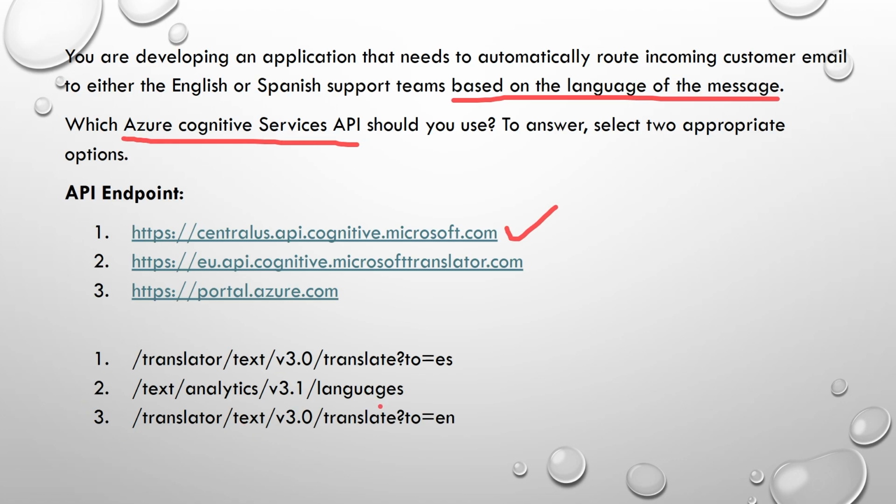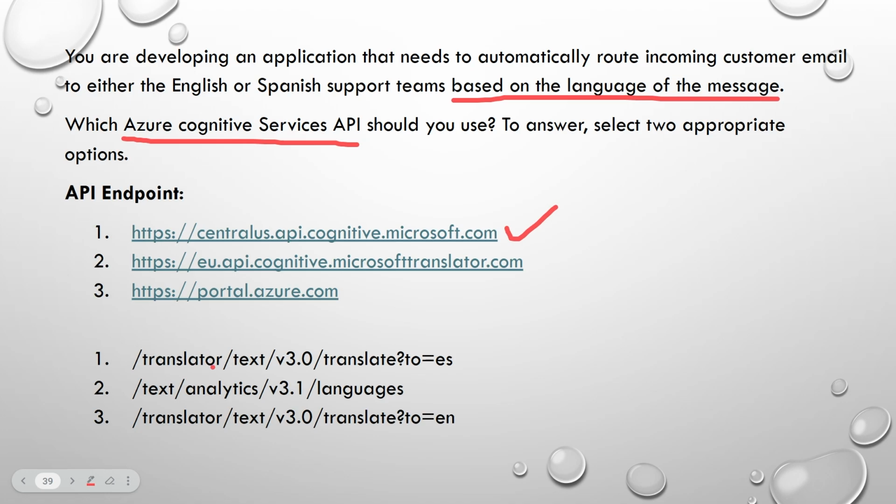Now the next option is regarding which service within the Cognitive API we should choose. So we have chosen the base endpoint as this. Now which service should we choose? Do we need to choose the translate service or the text analytics service of language? We don't need to translate the email. We just need to route the email to different support teams based on the language of the email. So what we need is just to detect the language.